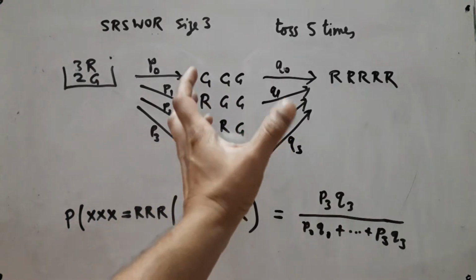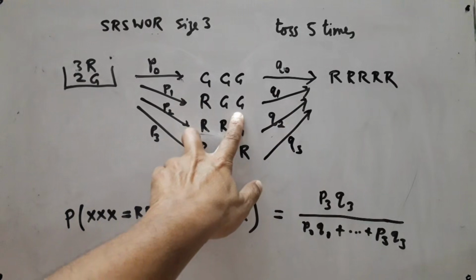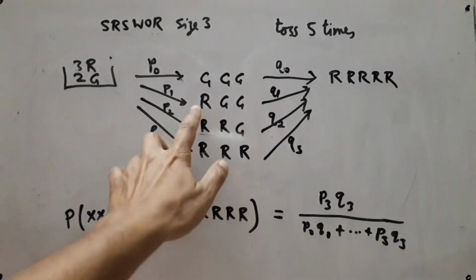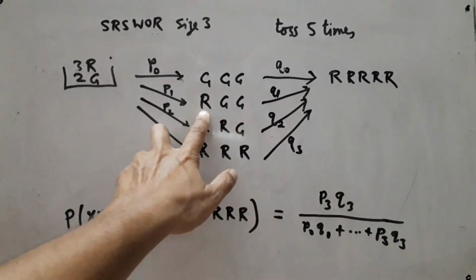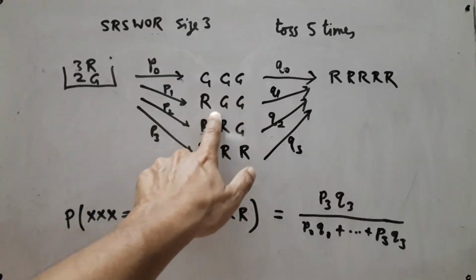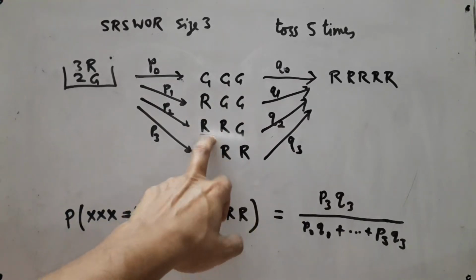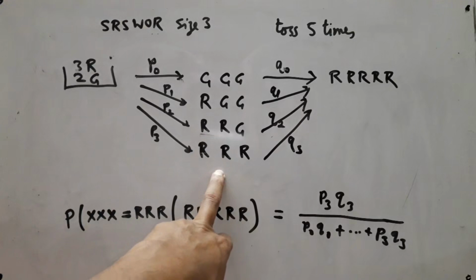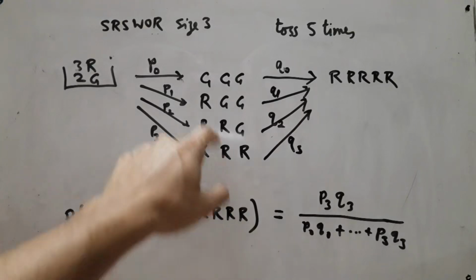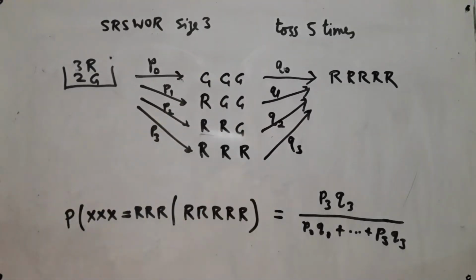If in your box you have got 1 red and 2 green balls, and you pick one of them at random, what is the chance that you will get a red? It is 1/3. So it is like a coin with probability of head equal to 1/3. Similarly, this is a coin with probability of head 2/3. This is a two-headed coin, probability of head equal to 1. Similarly, this is also a coin where both faces show tail.